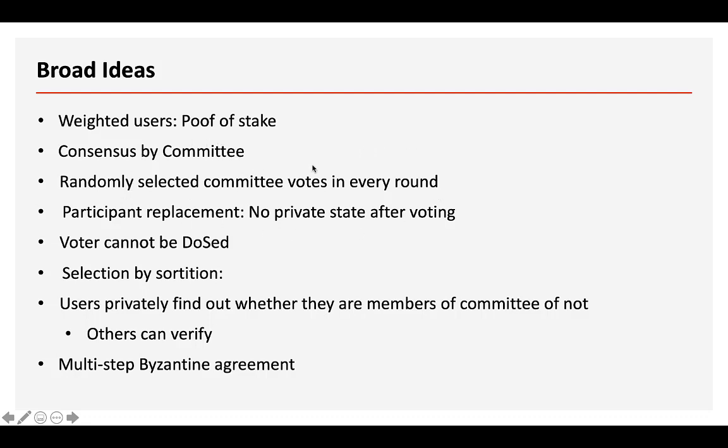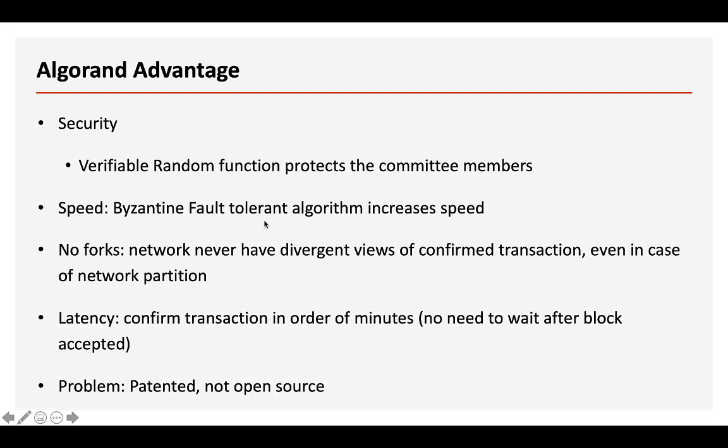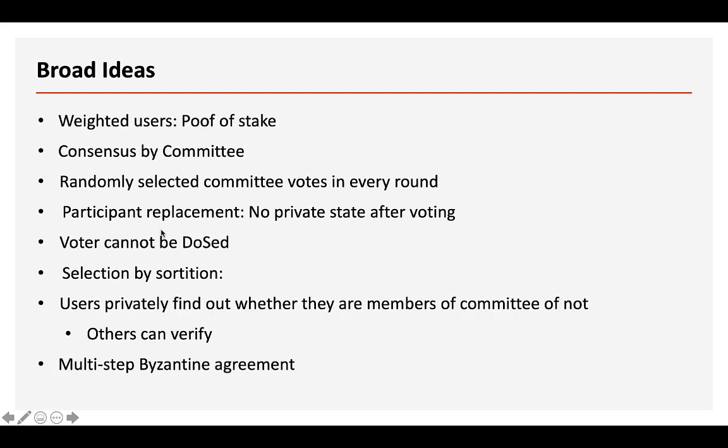A randomly selected committee votes in every round, and participants get replaced after they participate in the committee. They don't keep any private state after voting, so they have no knowledge that they were part of the committee after that epoch. Therefore voters cannot be DoSed or subject to denial of service.